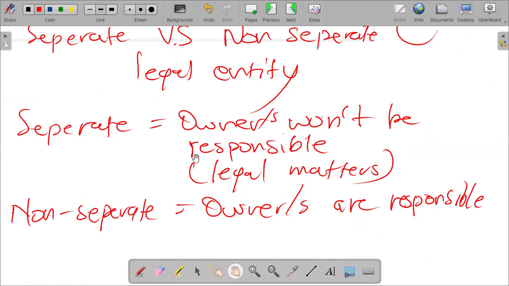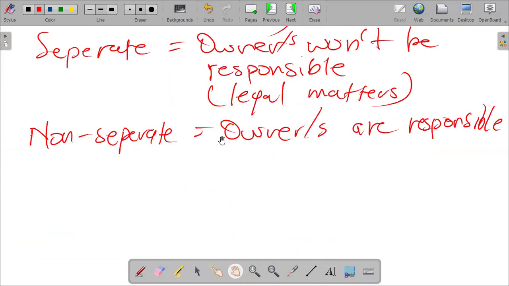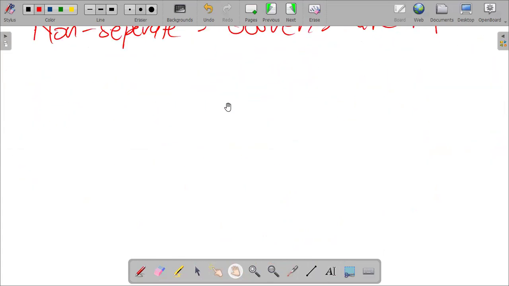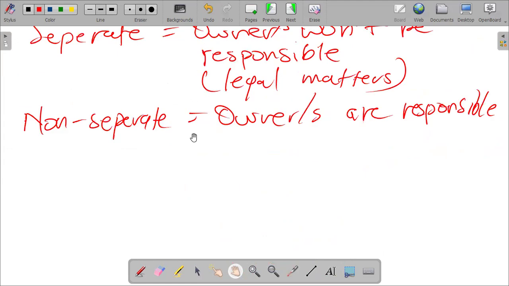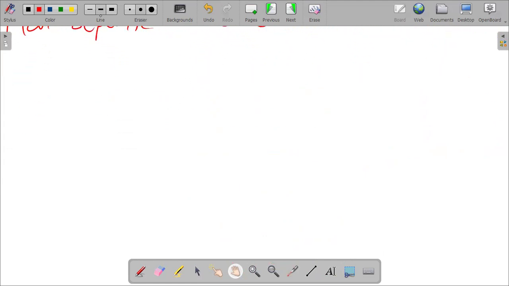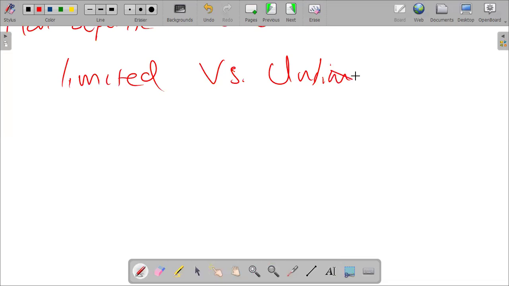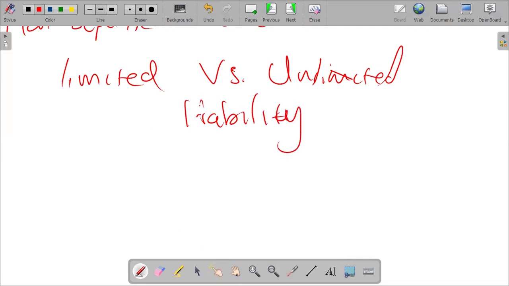All right. Now let's talk about limited and unlimited liability. So it's more of the same thing. Let me do it on another separate page. You talk about limited versus unlimited liability, right?